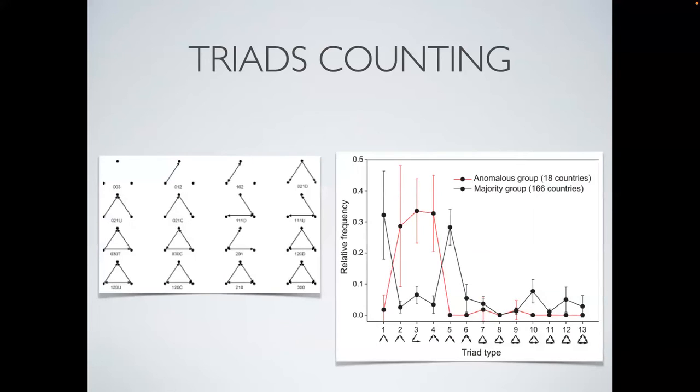So the fact is that you can count these triangles and observe again how it compares with a random network. You take the same network with the same size, the same number of directed edges, you randomize these edges, and you compare. For each of the possible patterns, you count how many times you expect to get them in the random network, and how many times you observe them in reality.